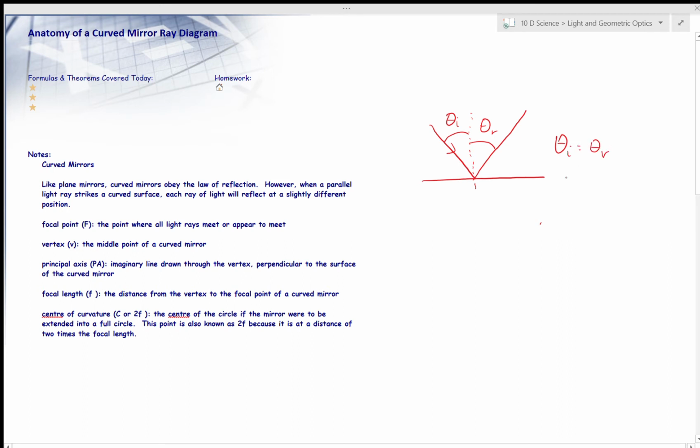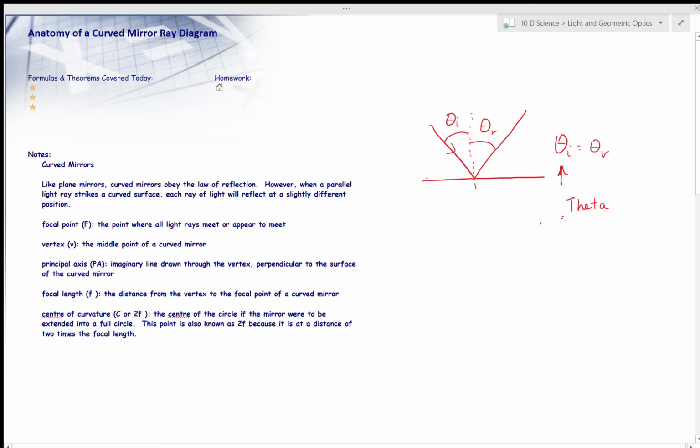For those of you who maybe can't hear exactly, the way you pronounce this symbol is theta. When I'm talking about theta, I am talking about an angle there.